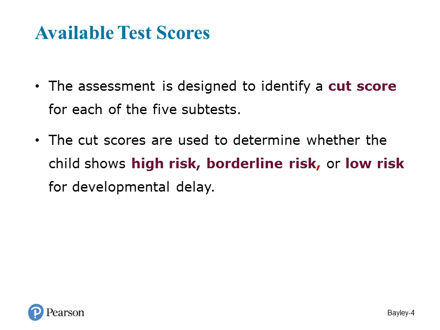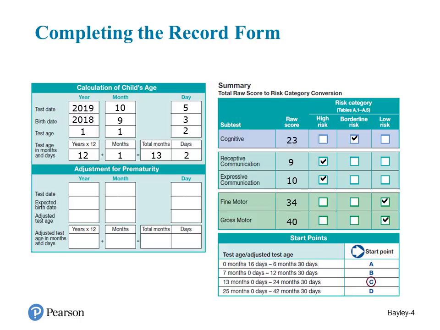In terms of the test scores, this assessment will identify a cut score for each of the 5 subtests, and the cut scores are used to determine whether the child shows high risk, borderline risk, or low risk for developmental delay. So the way that that'll look on the front page of your record form, certainly I already showed you the calculation of the child's age, and then you'll use the child's age and go to a table in the manual.